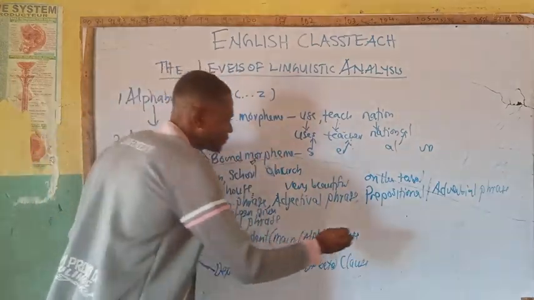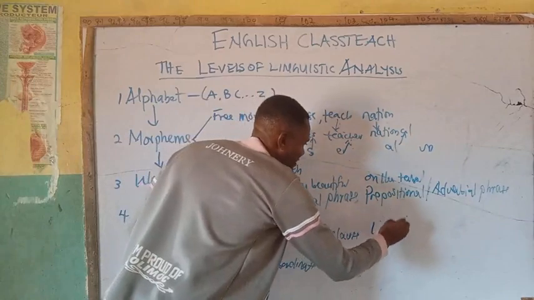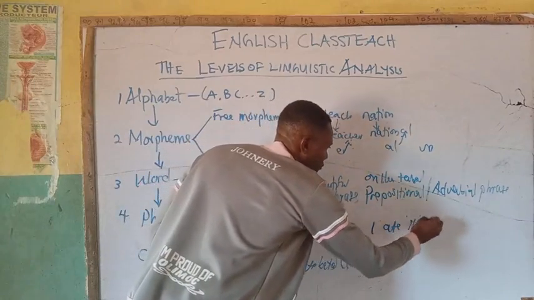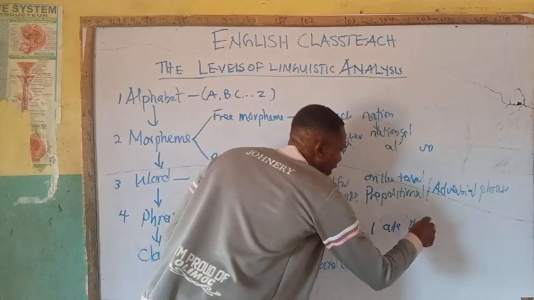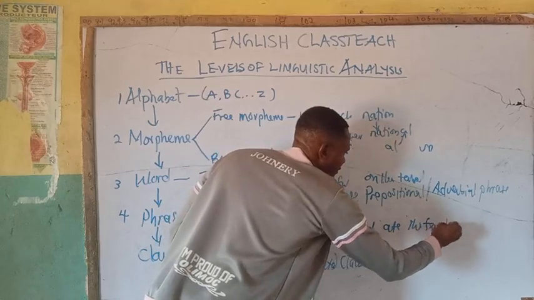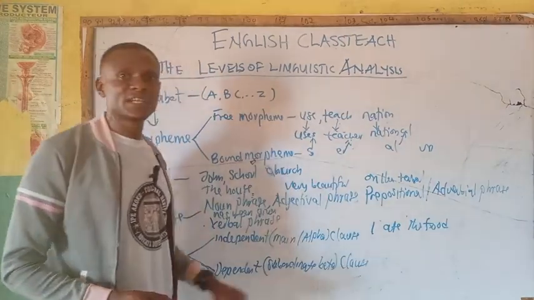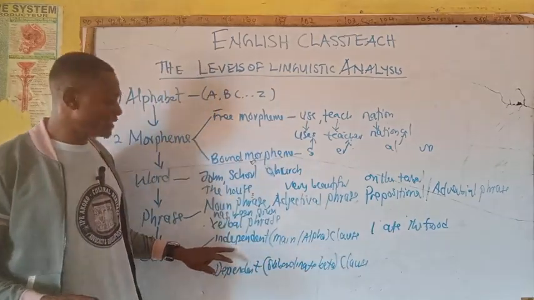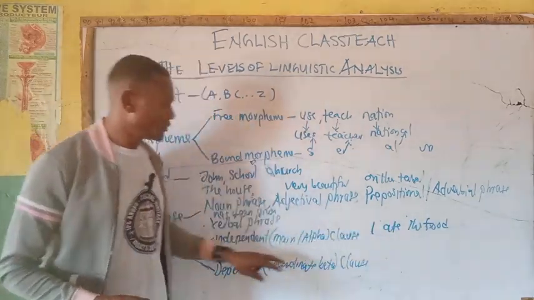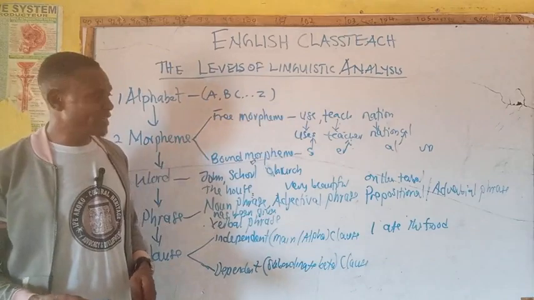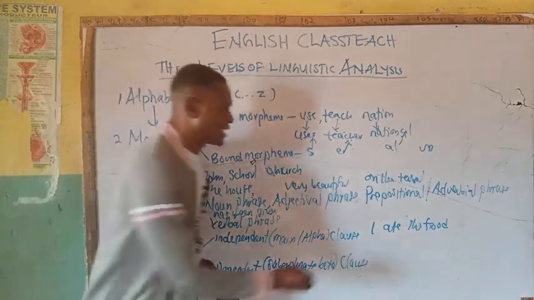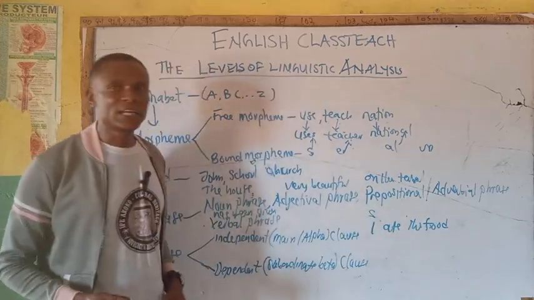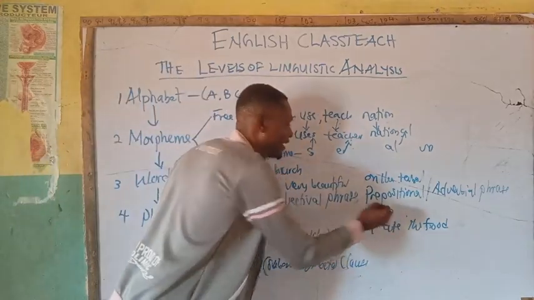Example: I hate the food. Can you see? "I hate the food" is an independent clause because it has a subject and predicate. The subject there is I, while the predicate there is hate.